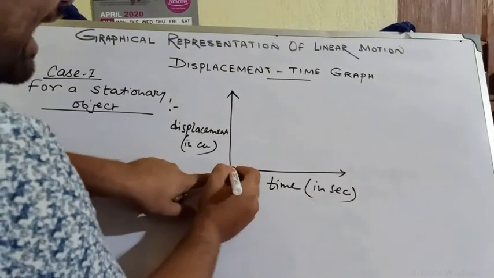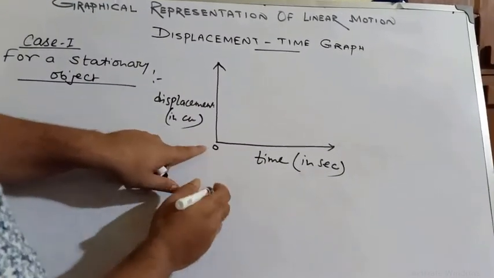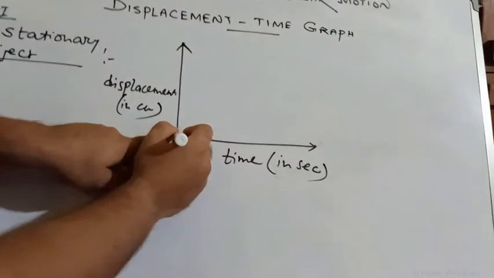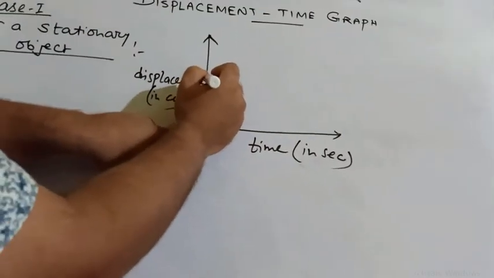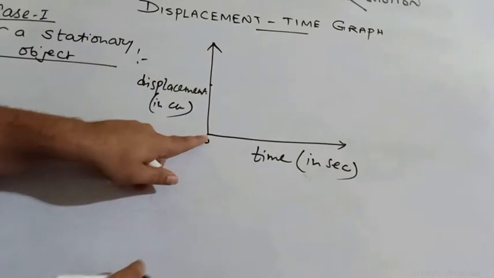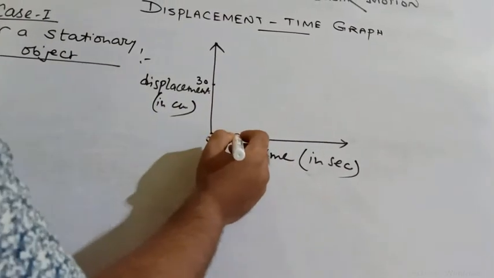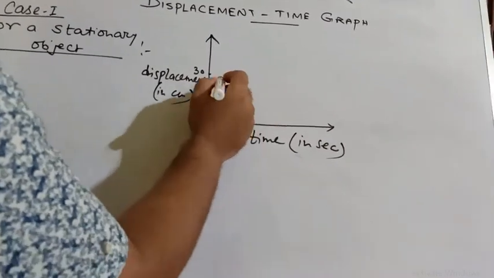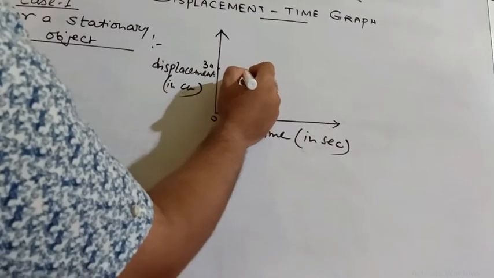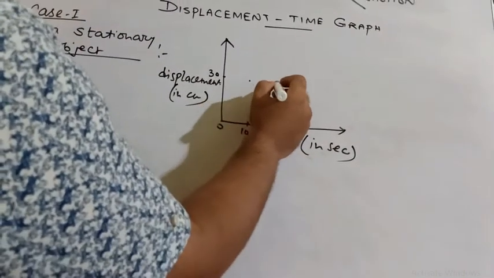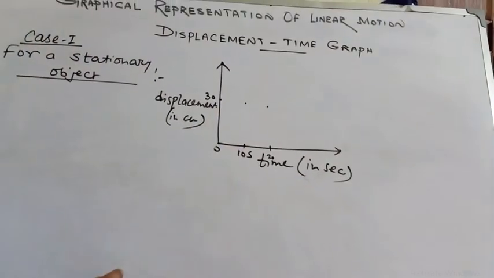So see, when the time is 0, the displacement here is the same, meaning suppose the displacement was 20 centimeter or 25 centimeter or 30 centimeter, it is the same. At 10 seconds, it is at the same point, that is 30 centimeter. At 20 seconds, it is here, 30 centimeter.